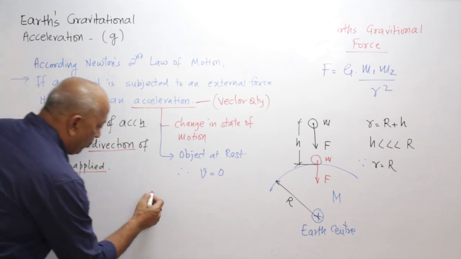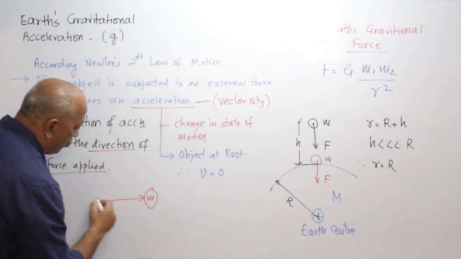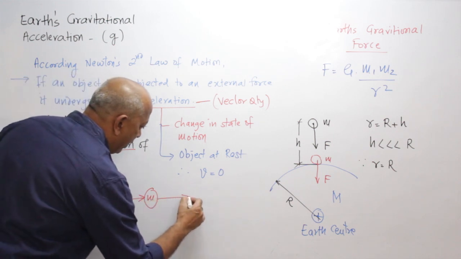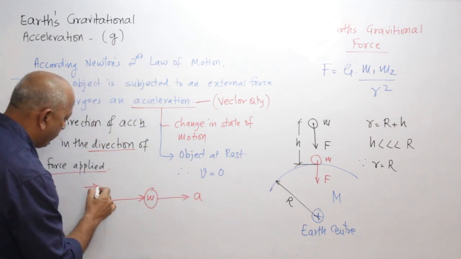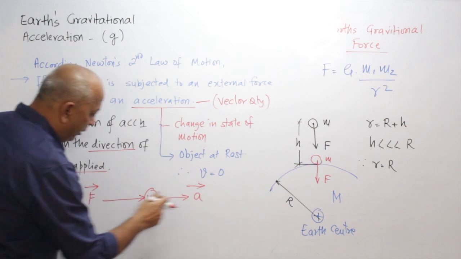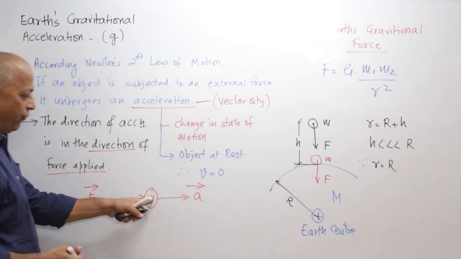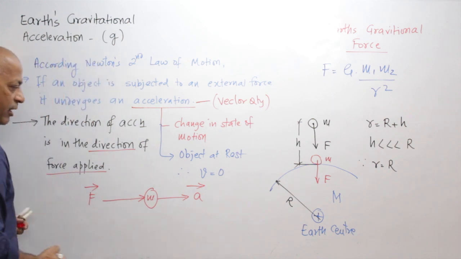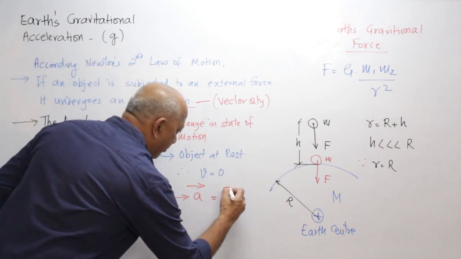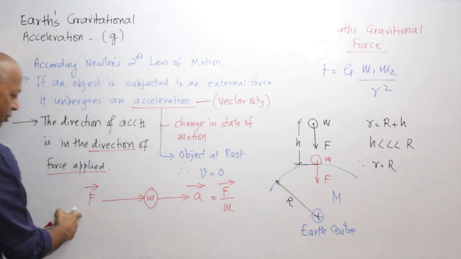That means, suppose this is an object of mass M. If you apply a force here, it will experience an acceleration. If this is horizontal, this is also horizontal. The direction of F and a will be the same. Since there is a force on the mass, there will be acceleration, and this acceleration is given by a is equal to force upon M, in the direction of force.